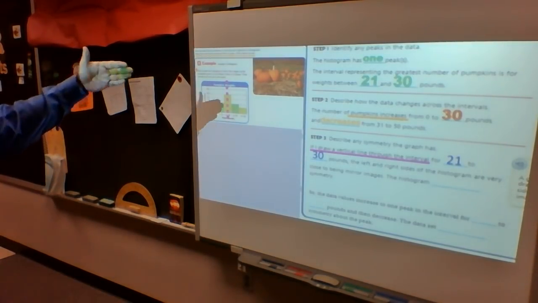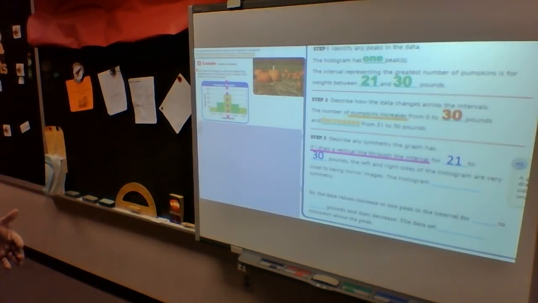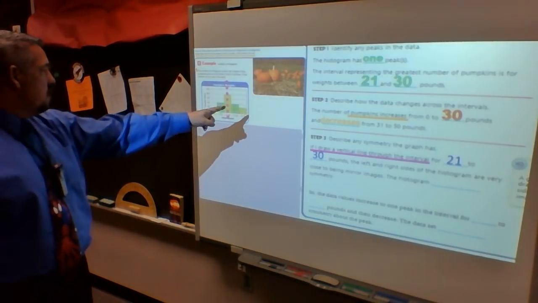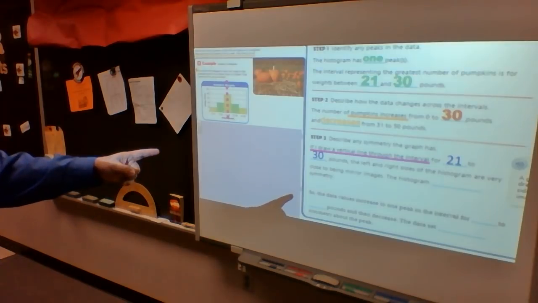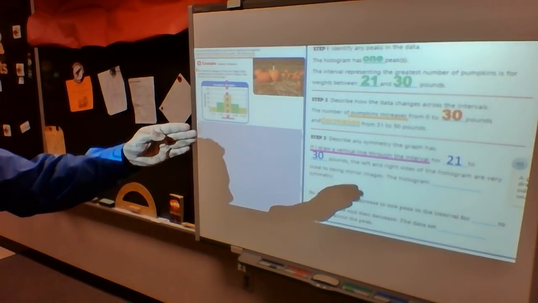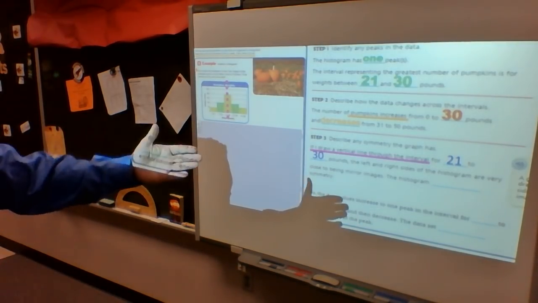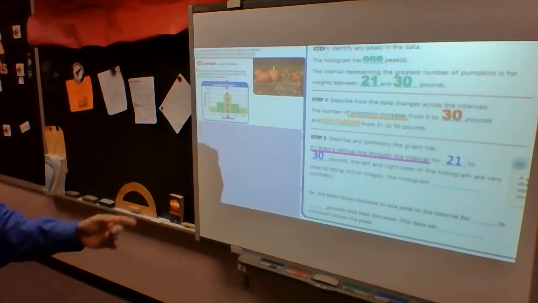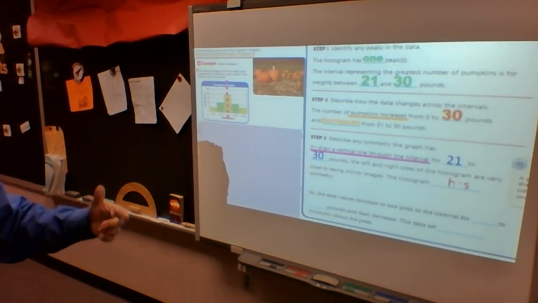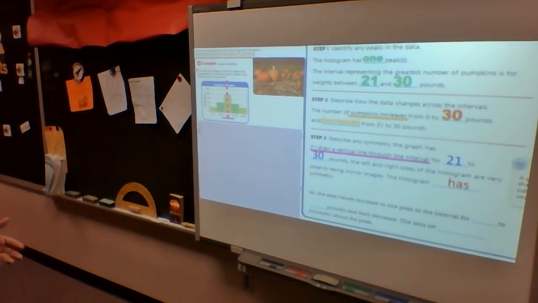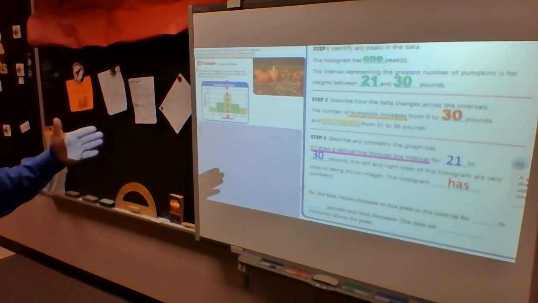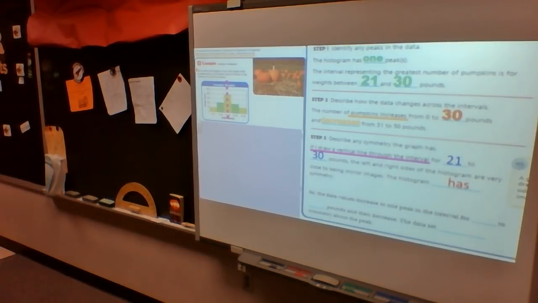The left side and the right side, are they identical? Well, this one actually goes a little bit higher than this one, but what it says is that they're very close to being mirror images. They don't have to be identical when it comes to data charts. So I know that the histogram does have symmetry. If I divide it in the center, they're very similar one to another.